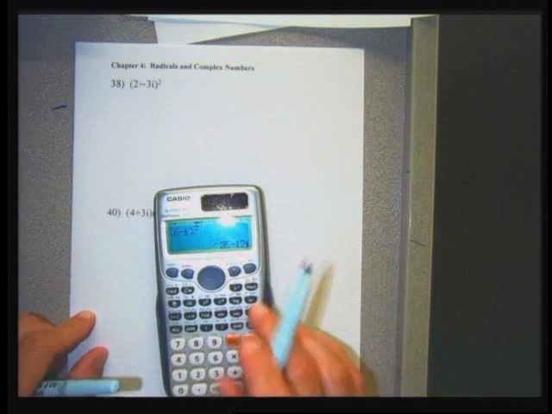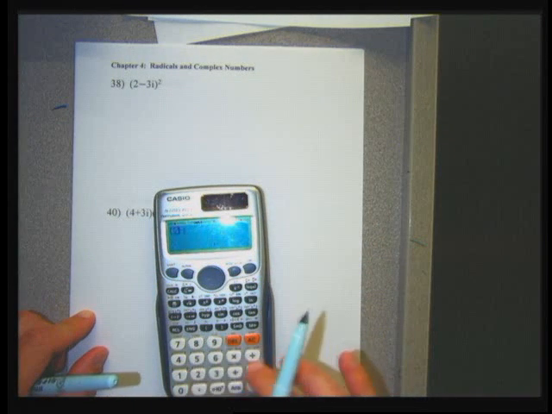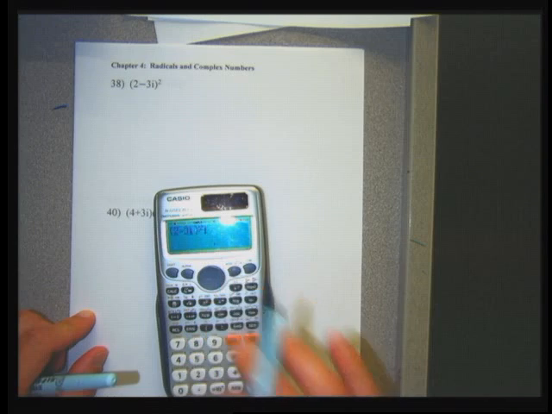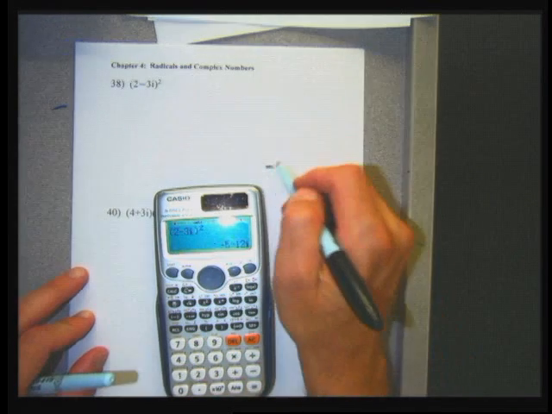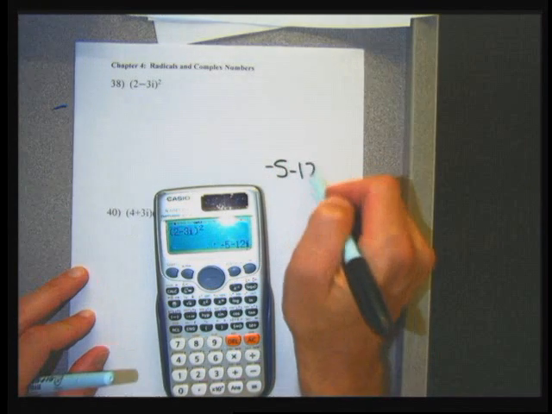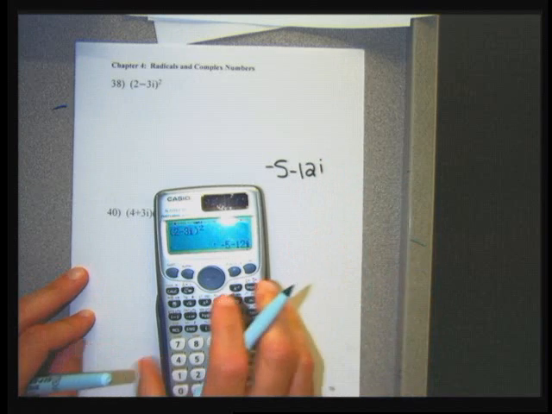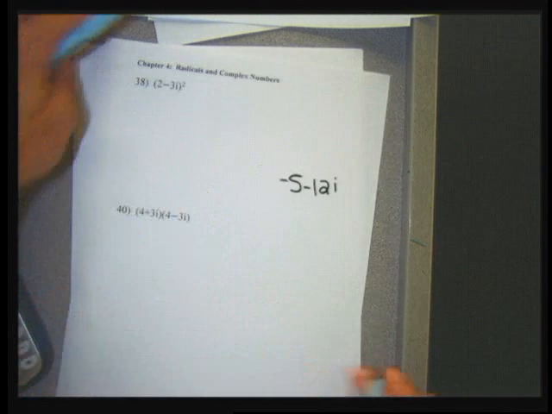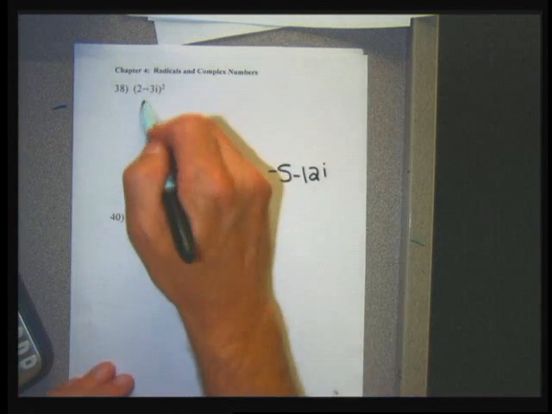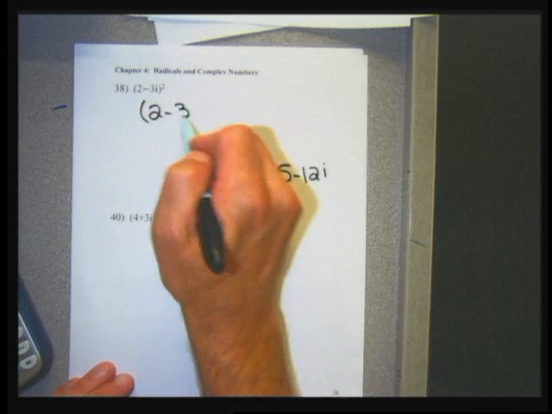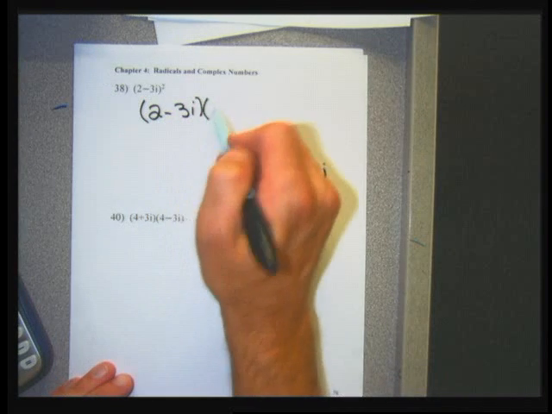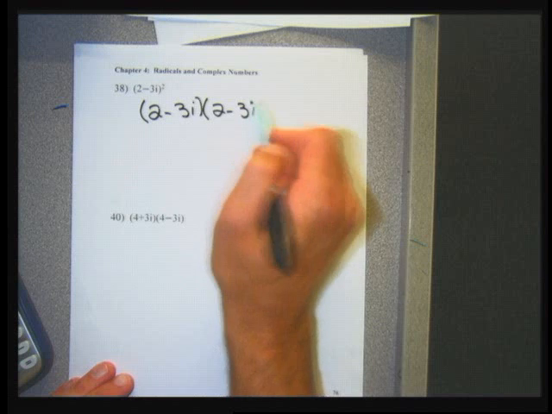38 is 2 minus 3i squared, which is negative 5 minus 12i. 38 is also a foiling problem. To get there by hand, I'd rewrite this as 2 minus 3i times 2 minus 3i.